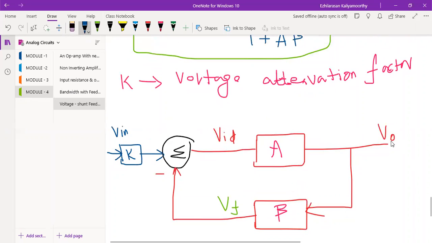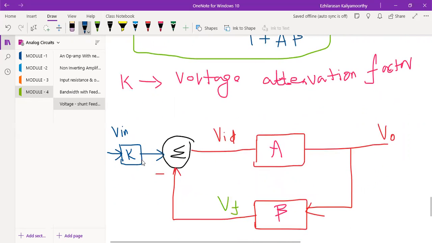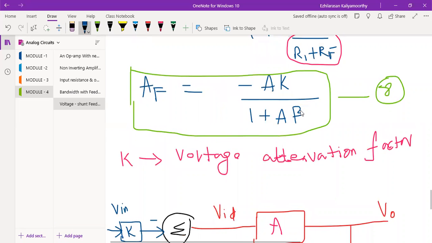Now you can check how we get the output. V naught is equal to, this will be VID, this will be your V in, this is the source. This also will be negative, because we are having minus AK.